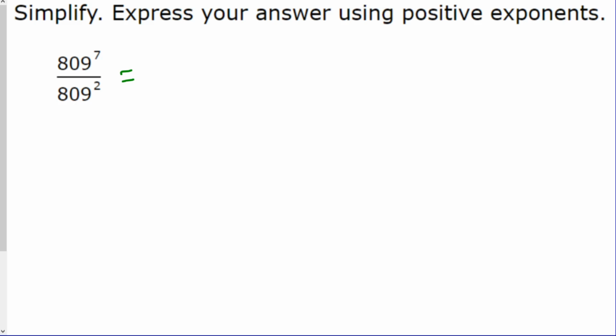But if the bases are the same, we can work with the exponents. So the bases are the same, so the base doesn't change. And then 7 minus 2 is 5. So the answer for this one, simplified and using positive exponents, would be 809 to the 5th power.